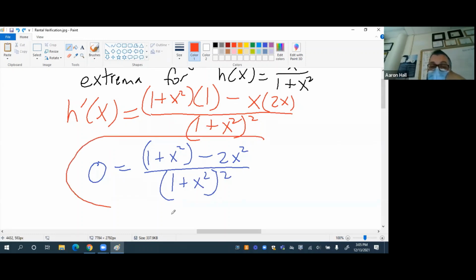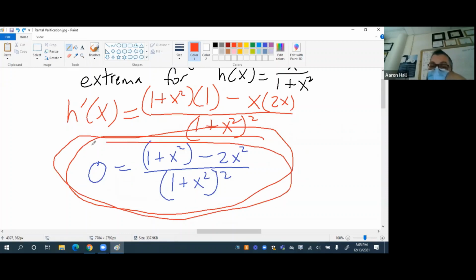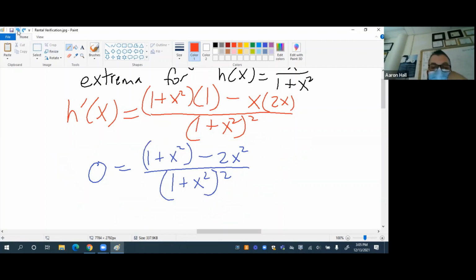Josh, it looks pretty ugly. I'm not sure. What do we do? How do we find out what x equals? That will give us 0 over here. Like the bottom part? Yeah.